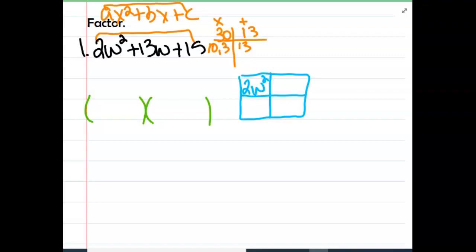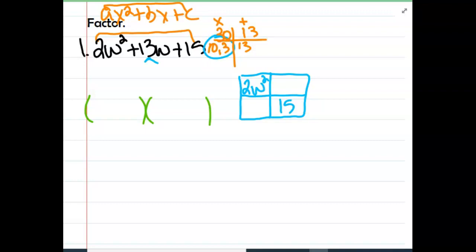That last term, that 15, is going to go in the last box, because when I multiply all of this out, that's usually what happened, right? That first term got kicked out, the last term got kicked out. But these two boxes here, I combined together to give me 13w. So what I need to do is break them apart. And we're going to break them apart using the 10 and the 3.